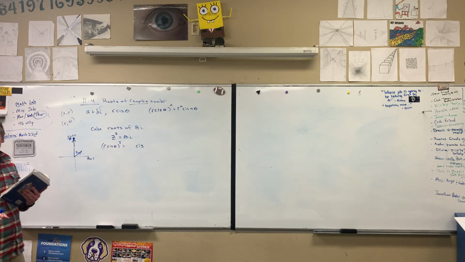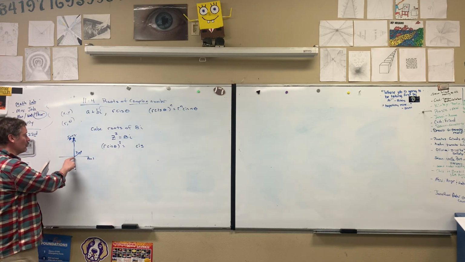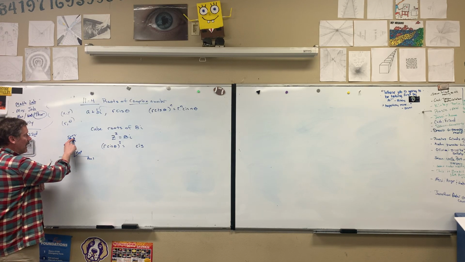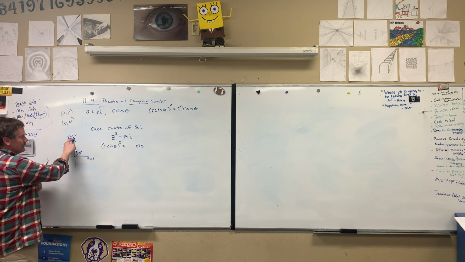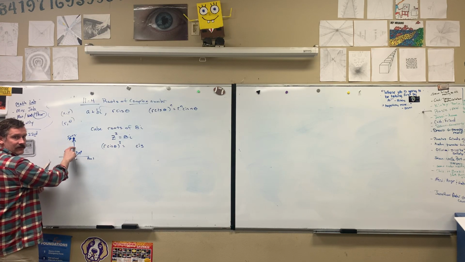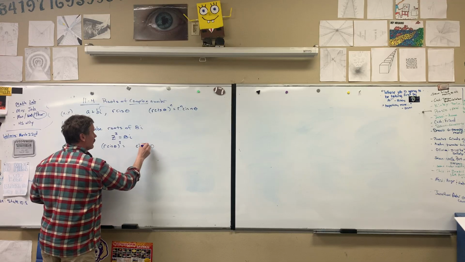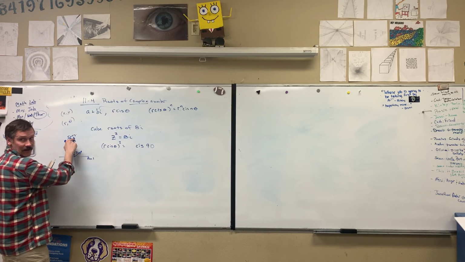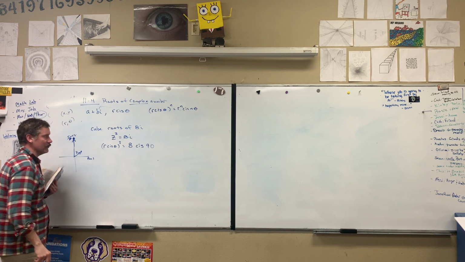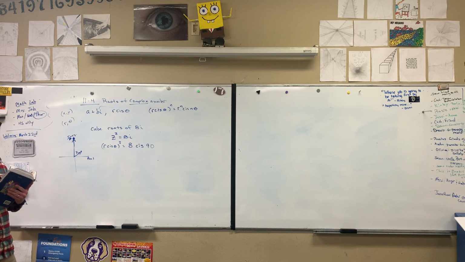We could do a conversion, or you could just visually look at it, going up to 8i. What's the angle measure to get to there? 90, right? And then what's the r value to get out to there? 8. So without even doing any type of conversion, you could just go 8 cis 90.